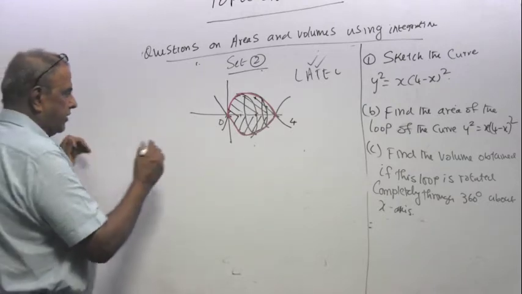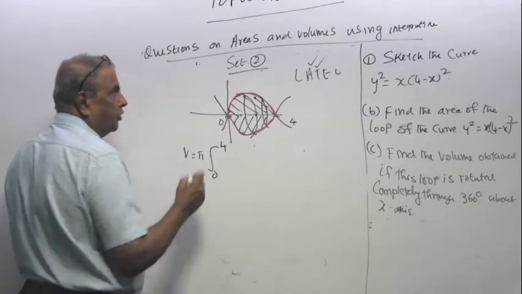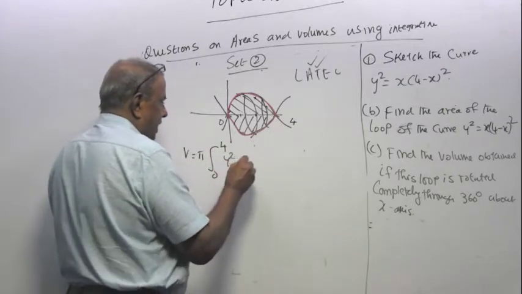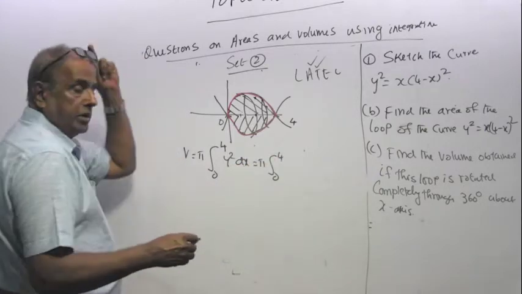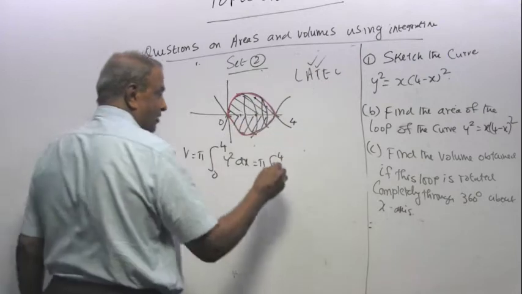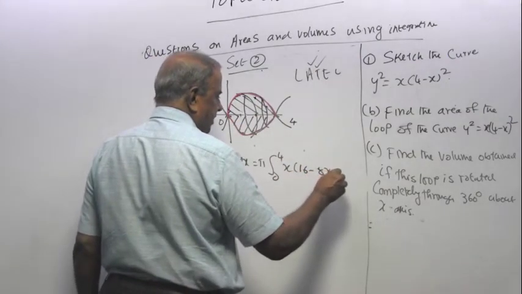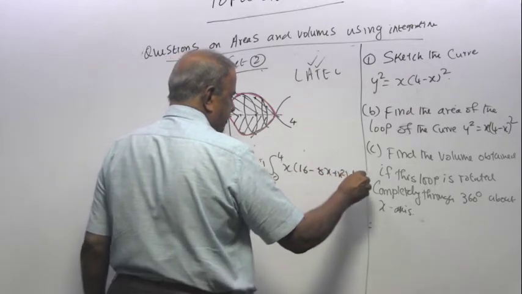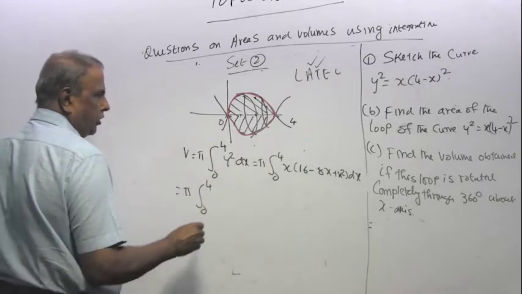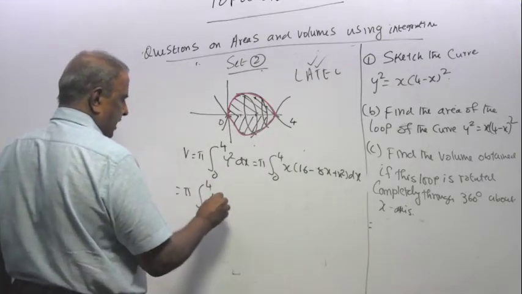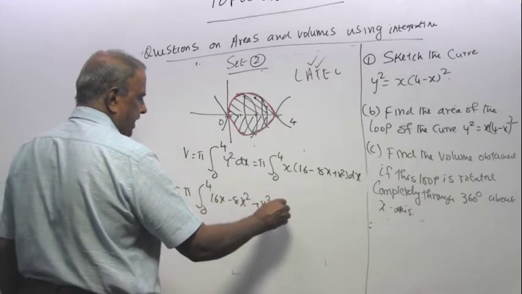So therefore the volume is pi times the integral from 0 to 4 of y squared dx, which is pi times the integral from 0 to 4. What's y squared? Don't square that, it's already there. x times (16 minus 8x plus x squared) dx. I find that easier. Pi times the integral from 0 to 4 of 16x minus 8x squared plus x cubed dx.